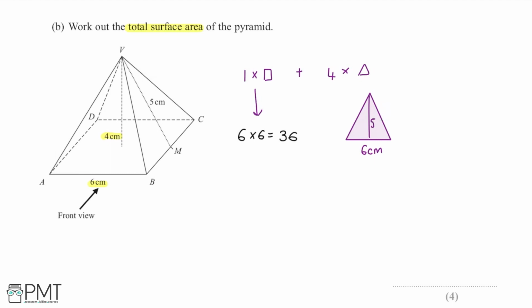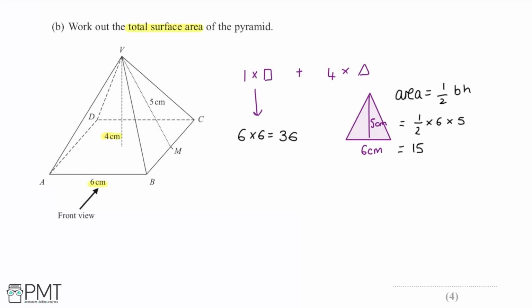So I now know that this one's 5 centimetres. Now the area of a triangle is going to be a half base times height. And in this case, it's going to be a half times the base, which is 6, times the height of the triangle, which we've calculated to be 5. And that gives me an answer of 15.